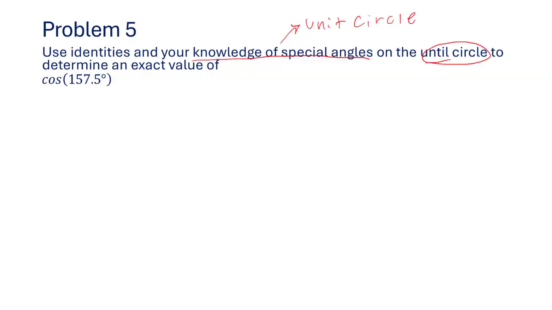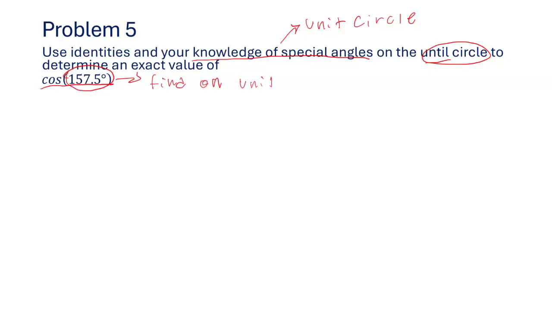On the unit circle, to determine an exact value of cosine of 157.5. So we want to think, how can I make that angle a unit circle value?